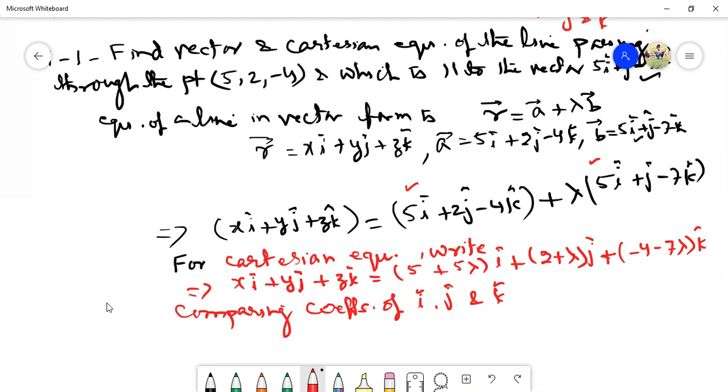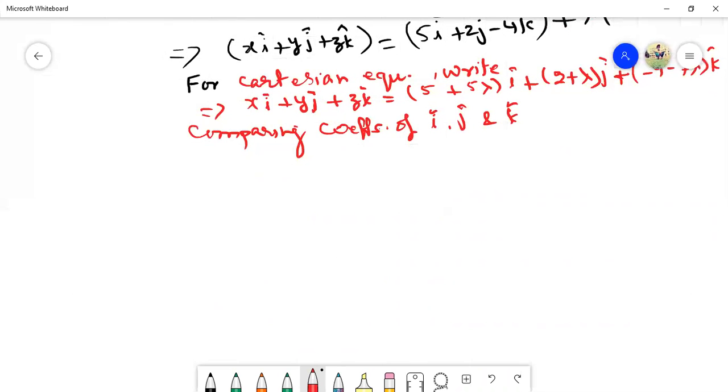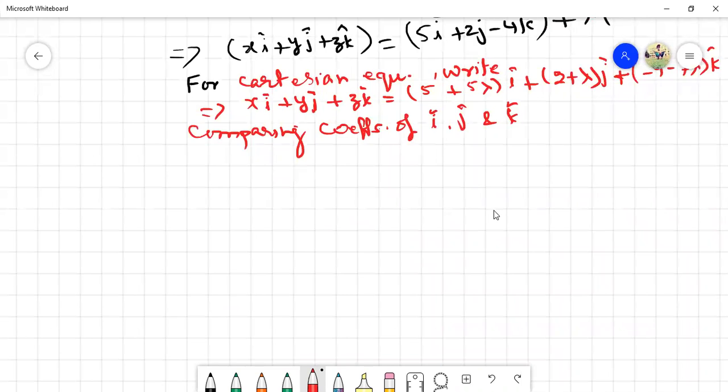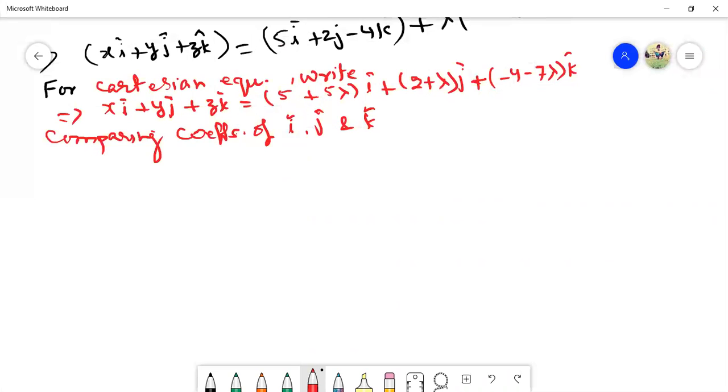On comparing coefficients, we get: left side is x, right side the coefficient of i is 5 plus 5 lambda; left side is y, right side is 2 plus lambda; and z is equal to minus 4 minus 7 lambda.